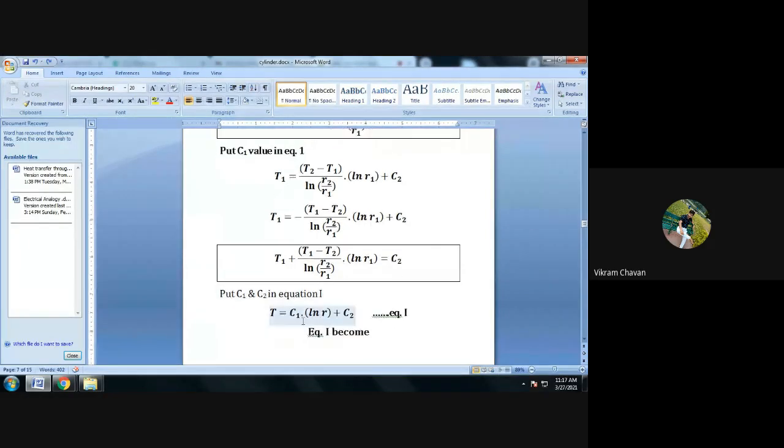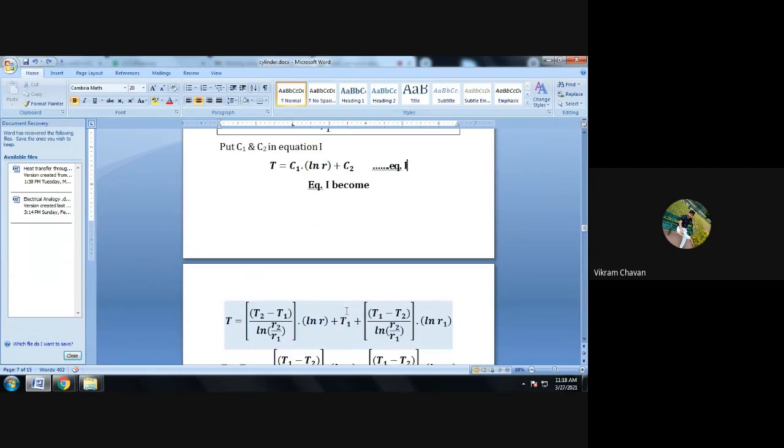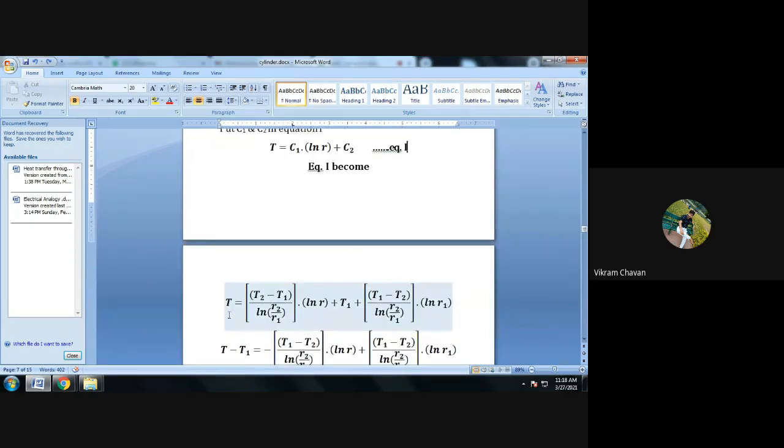Equation Roman 1 is our general equation: T is equal to C1 multiplied by ln of R plus C2. Now after putting the C1 and C2 values in equation 1, it becomes T is equal to C1, which is (T2 minus T1) divided by ln of R2 divided by R1, multiplied by ln of R, plus C2, which is T1 plus (T1 minus T2) divided by ln of R2 divided by R1, multiplied by ln of R1.